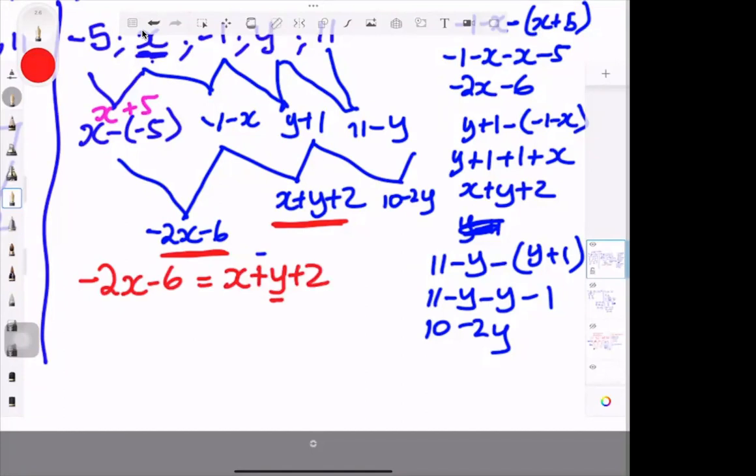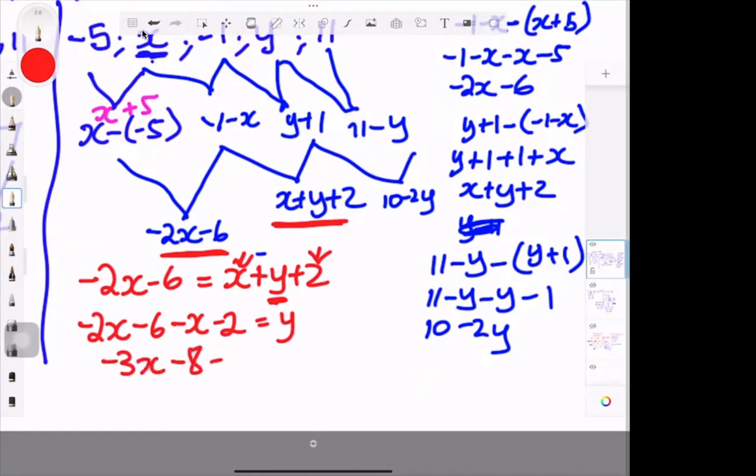So I'm going to have negative 2x minus 6 minus x minus 2, the additive inverse of that x and the additive inverse of that positive 2, is equal to y. Negative 3x minus 8 equals y. Thumbs up if you are happy with my algebra then. I'm simply saying y is equal to negative 3x minus 8.